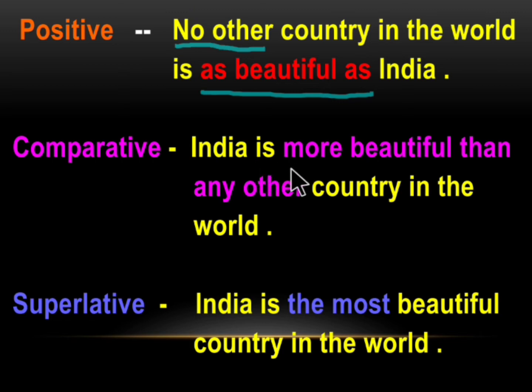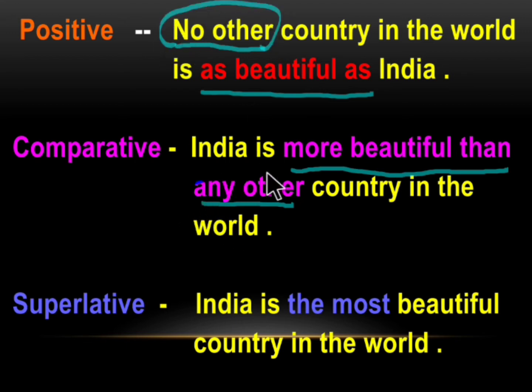India is more beautiful than any other country in the world. This any other is the type 1 rule. So if no other comes in the positive degree, we use any other in the comparative degree. This is what is present in the table.